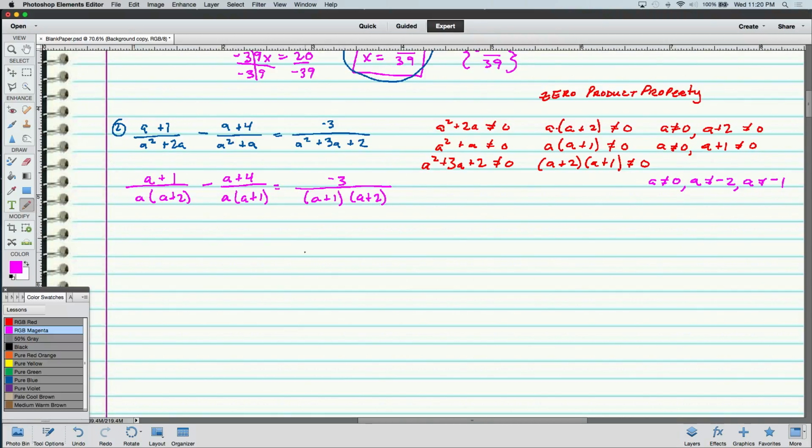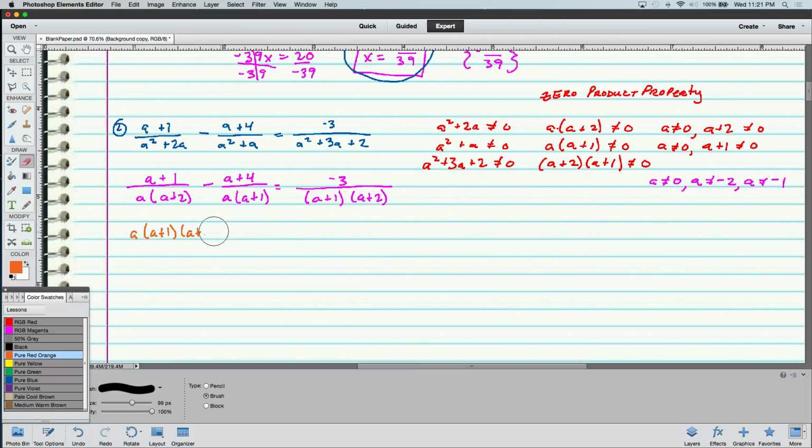So the least common multiple between all terms in the denominator, we have an a, we have an a plus 2, and we have an a plus 1. So we have to multiply the entire problem by a times a plus 1 times a plus 2. So rewriting this, a plus 1, a plus 2, whoops, that says a plus 12.